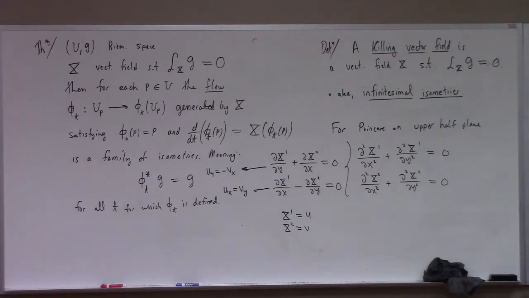It can be written as the composition of a fractional linear, a Mobius transformation on the complex plane, with the formula phi of z is az plus b over cz plus d.